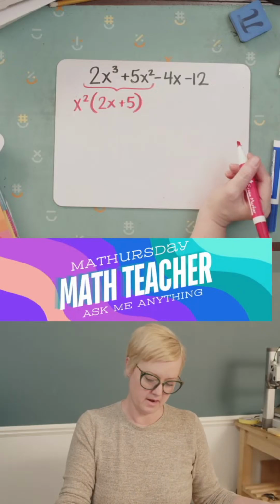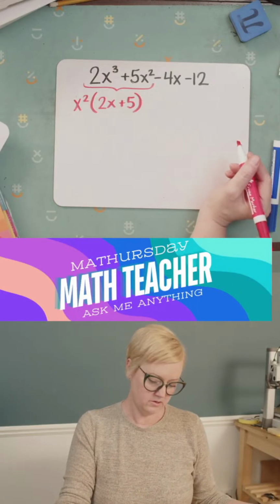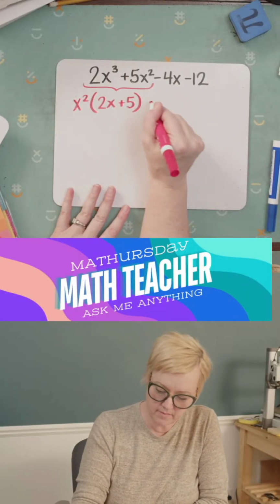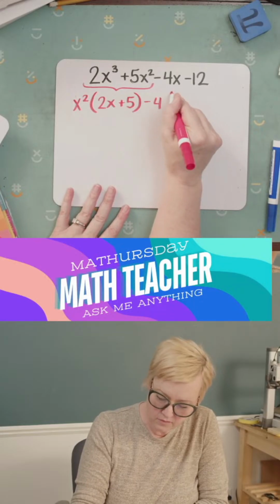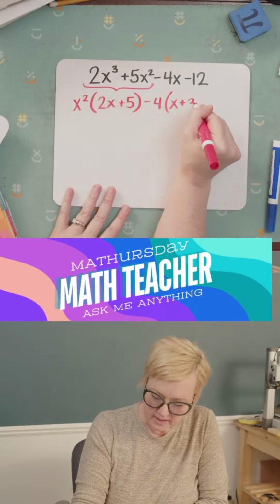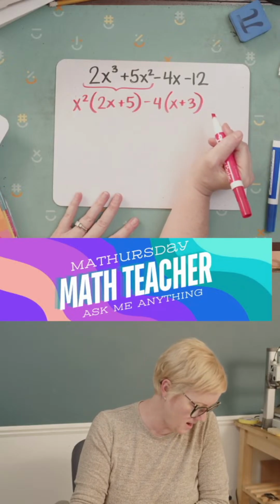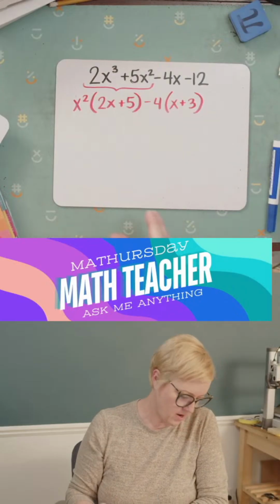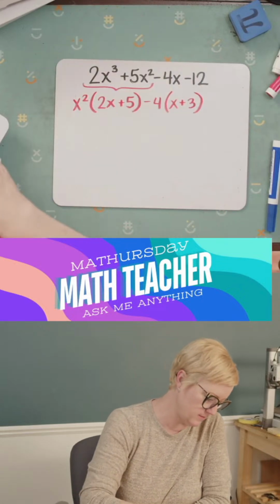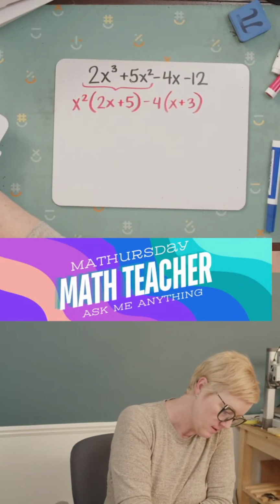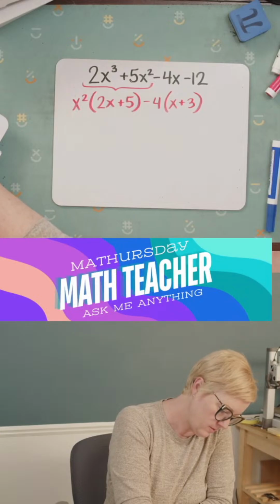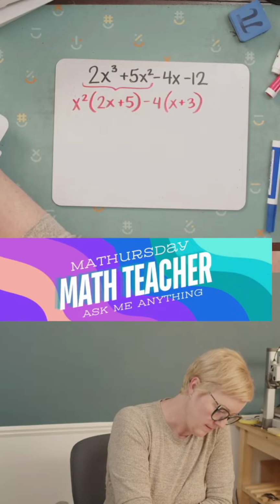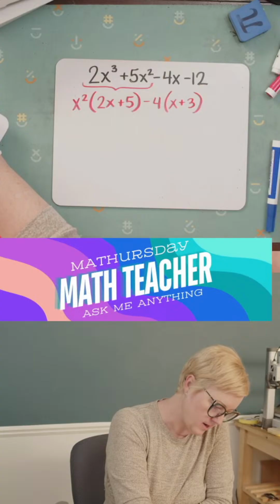Is this right? I don't think I did this right. 2x cubed plus 5x minus 4x minus 12. I don't know, this one might not work, guys. Minus 4 times x plus 3. Did I, in my rush to try to get one of these problems, let me see. 2x cubed plus 8x squared plus 8x minus 3x squared minus 12x minus 12.